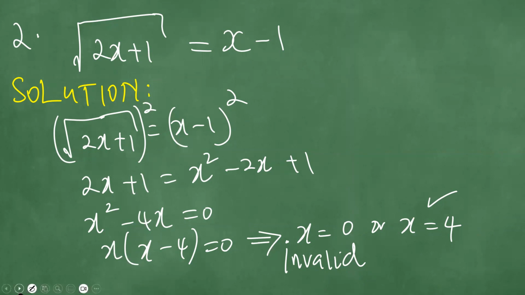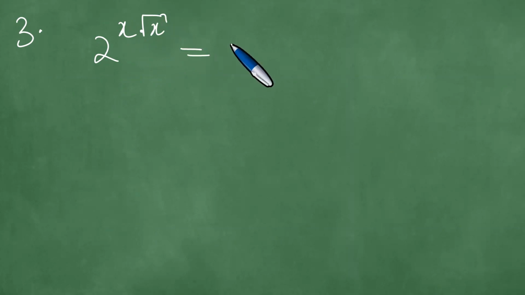Now, number 3. Next we look at more problems that involve certain radicals. For example, if you have 2 to the power x times the square root of x, which equals 2 to the power 27.